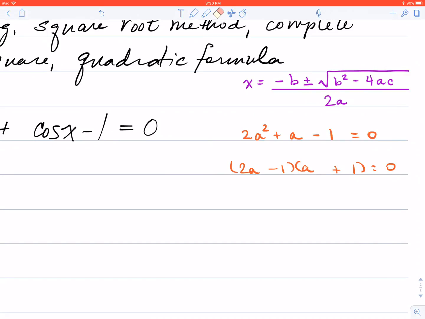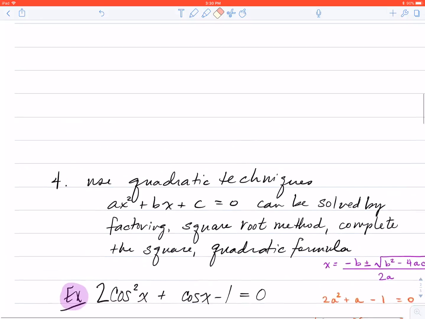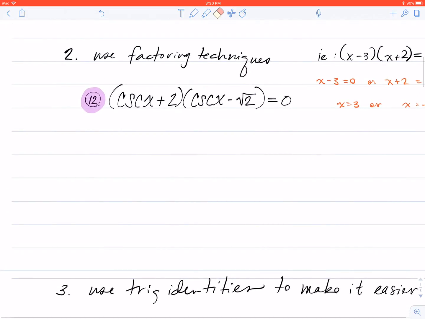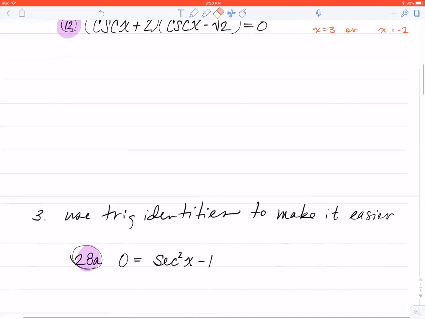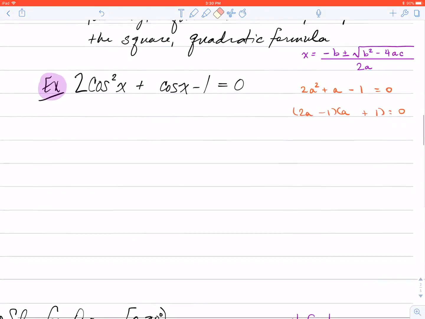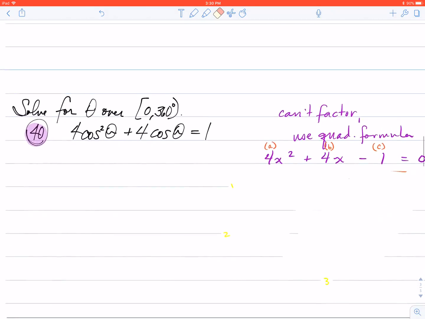So if I can factor this into the 2 factors 2a minus 1 and a plus 1, then this is actually an example exactly like number 12, where I can take each factor, set each factor equal to 0, and then solve my mini equations. So that's what I'll use for this example here.